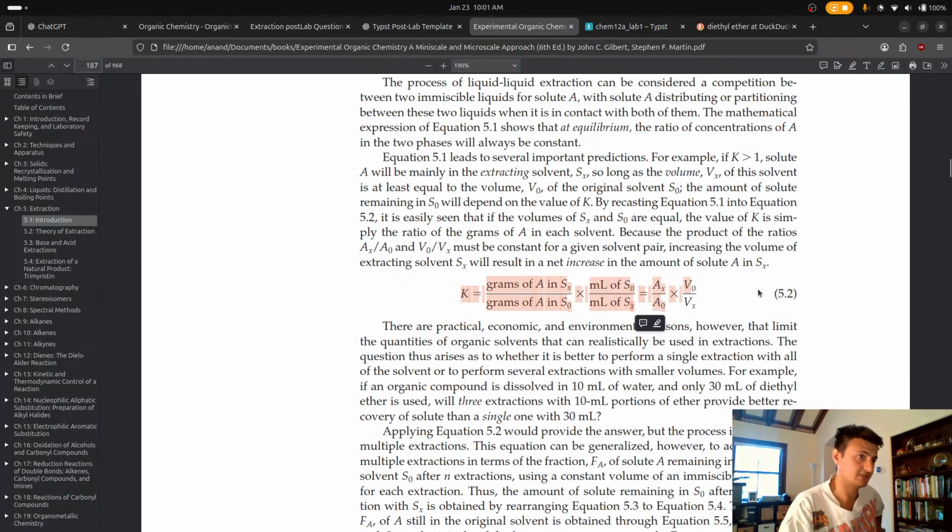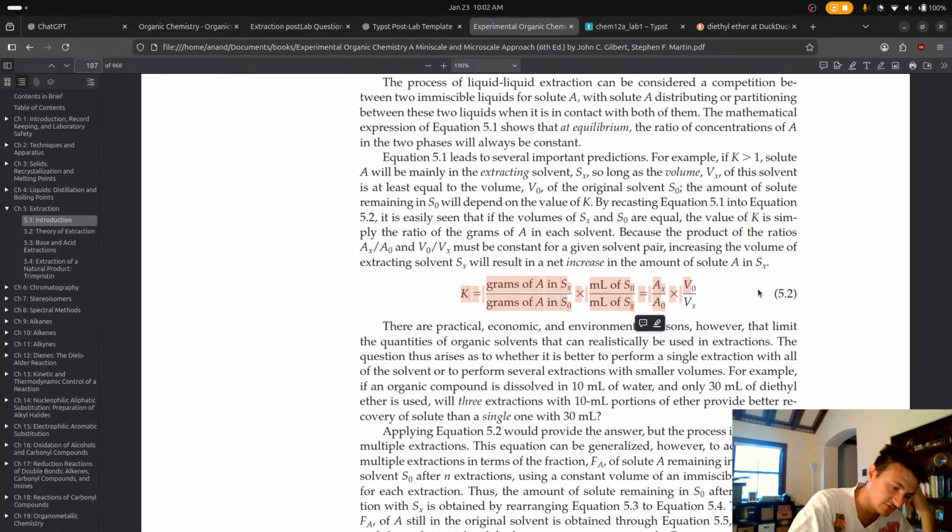It's the grams of A in Sx over the volume V Sx, divided by the concentration in the original, the grams in So over the volume of S original.